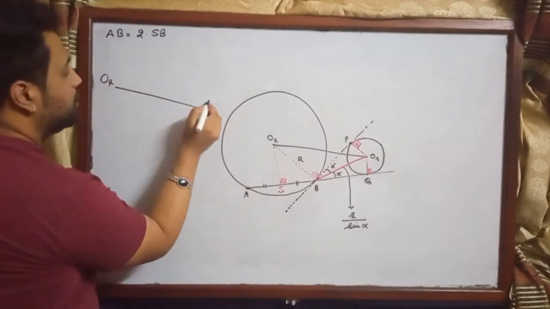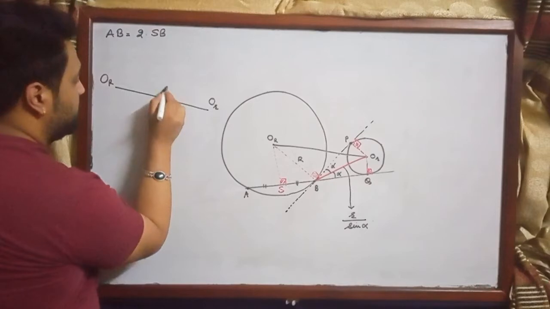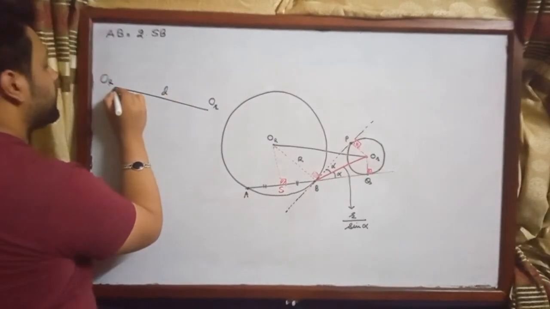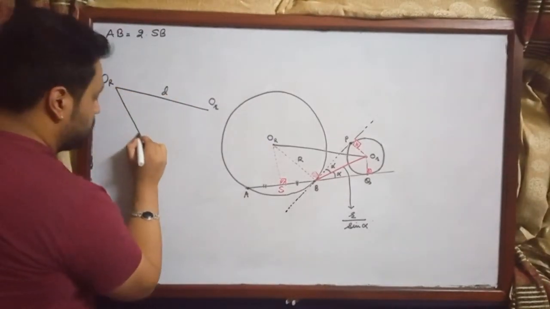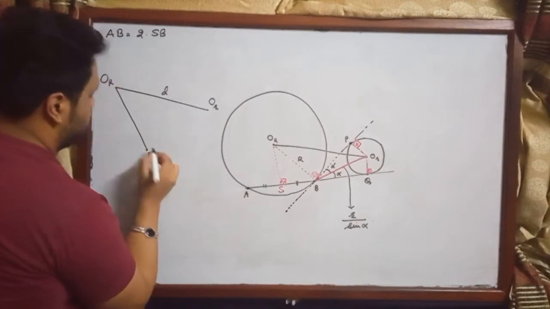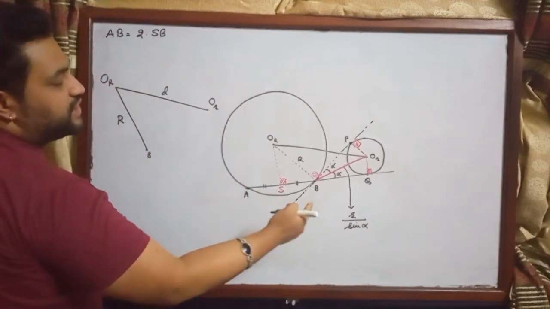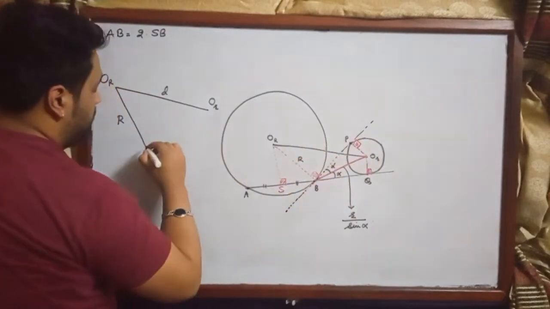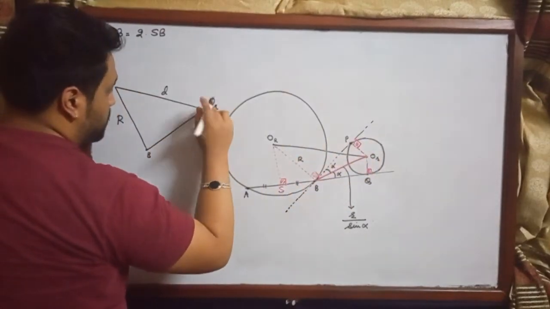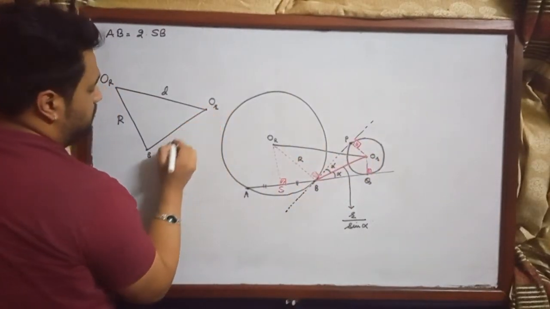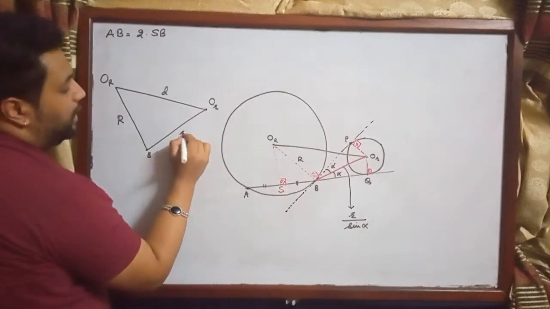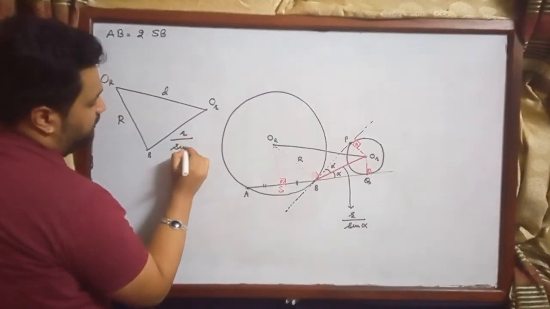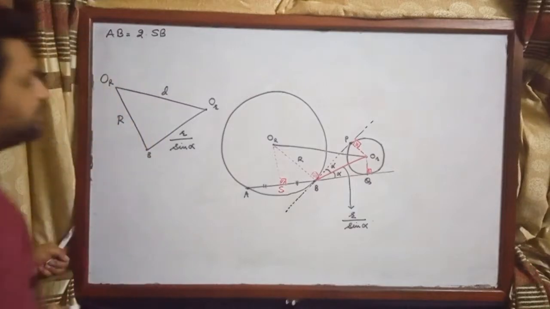O_R O_r will be equal to d. This is B, so this is R. And we've just calculated that B O_r is equal to r over sine alpha, isn't it?